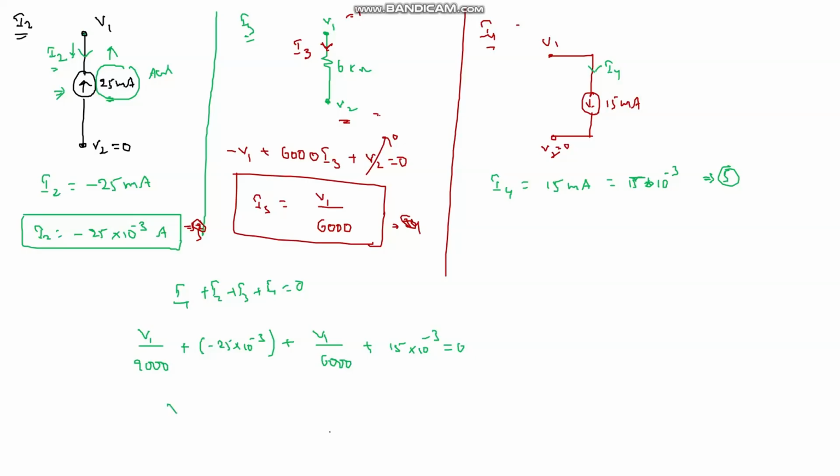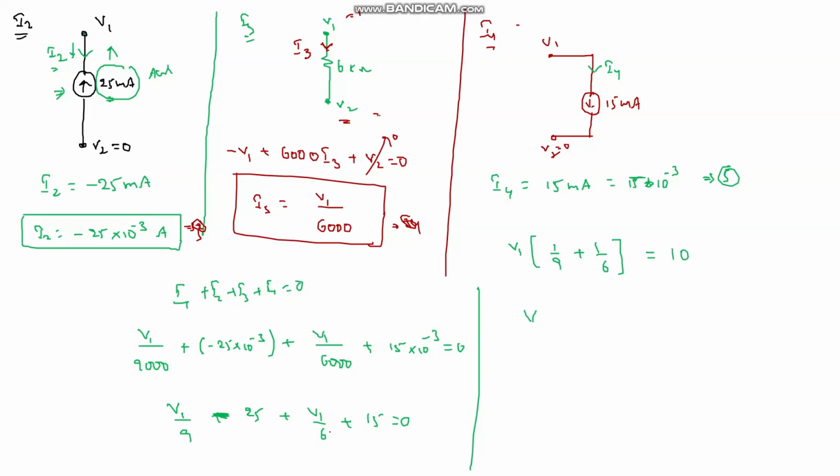After simplifying, V1 by 9 minus 25 plus V1 by 6 plus 15 is equal to 0. So V1 times (1 by 9 plus 1 by 6) is equal to 10.